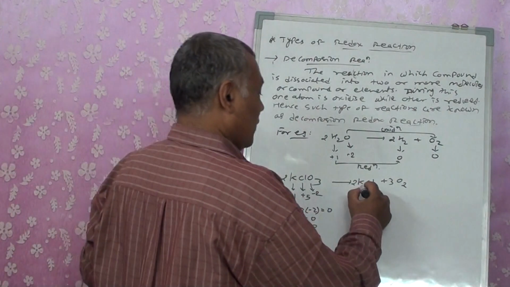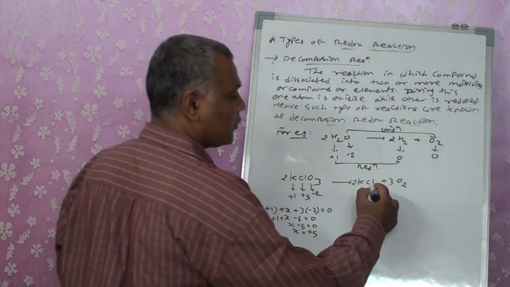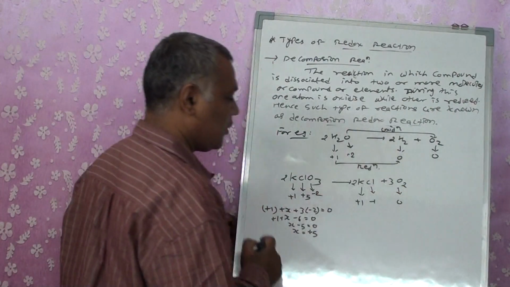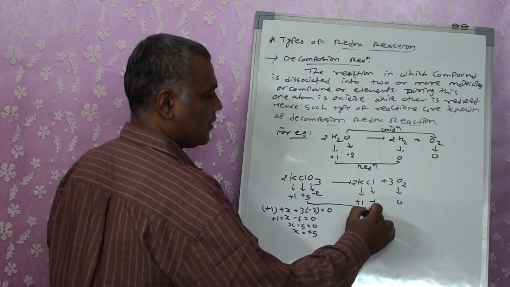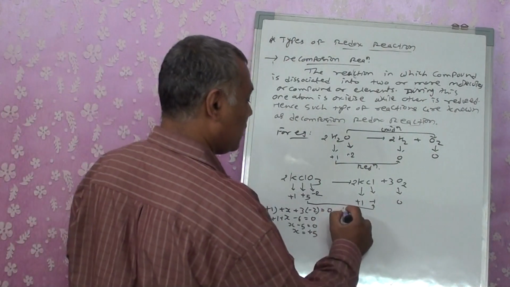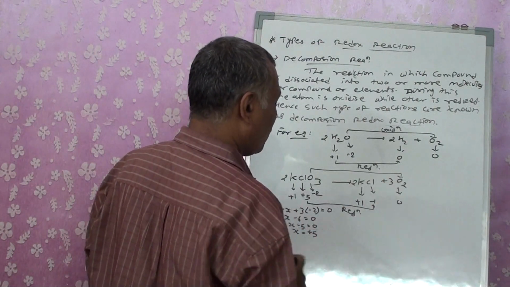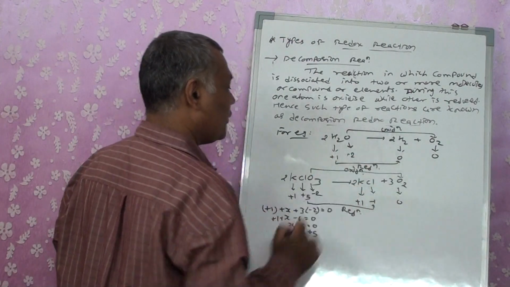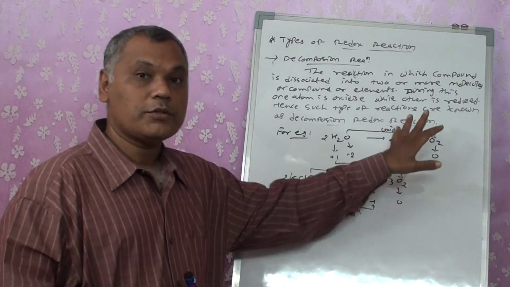Again, alkali metal is always plus 1, halogen except oxygen is minus 1, whereas O2 is 0. So what does this show? Cl from plus 5 to minus 1 has reduced, so it's a reduction, while oxygen from minus 2 to 0 is an oxidation.